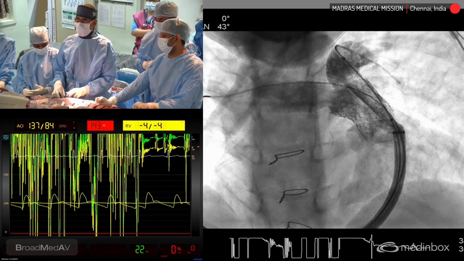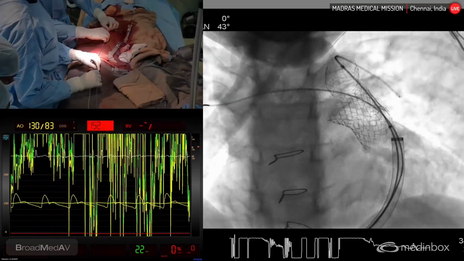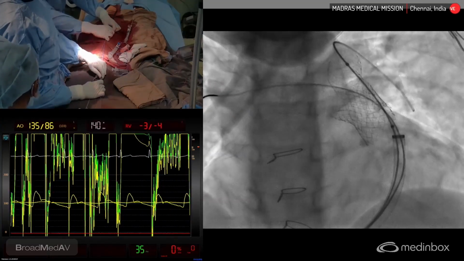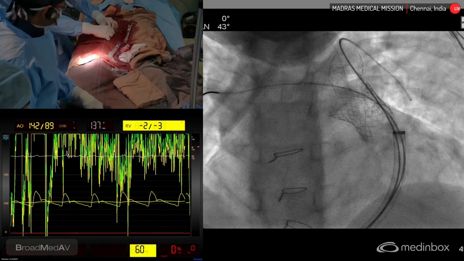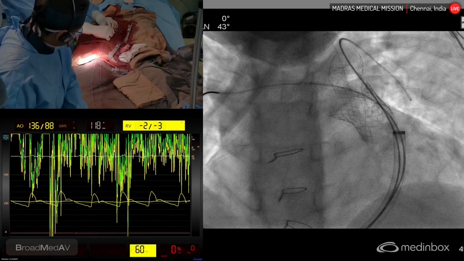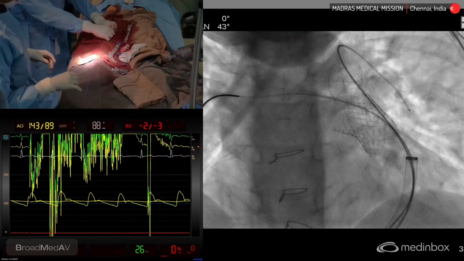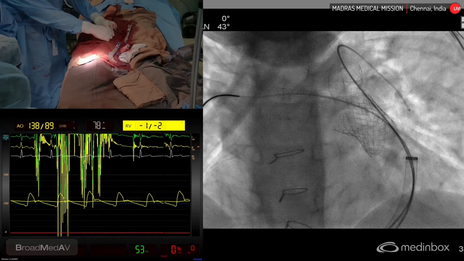So I'm going to first take out the second balloon also now. You're holding the Lunderquist. So I'm taking out the second wire also, second balloon. At this point, I'm going to advance the pigtail catheter.